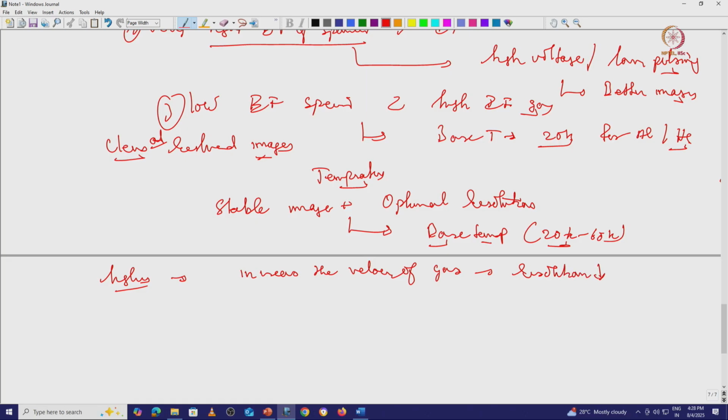Resolution is degraded. The second is any species present on the tip surface, which are adsorbed on the surface, for example water, H2, and chemicals from sample prep, which can contaminate the imaging gas.